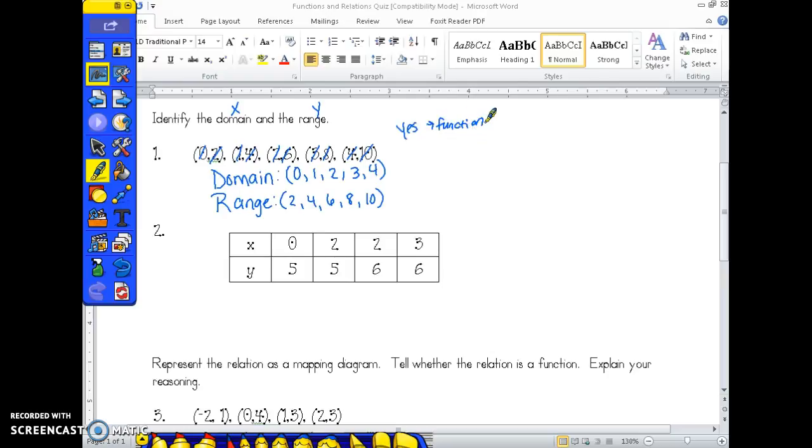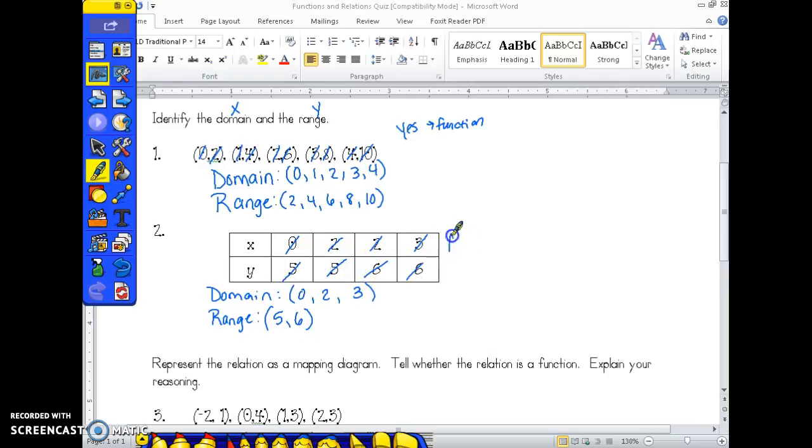For number 2, our domain is 0, 2, and 3. The 2 is written 2 different times, but we're only going to list it one time. For our range, we have 5 and 6.